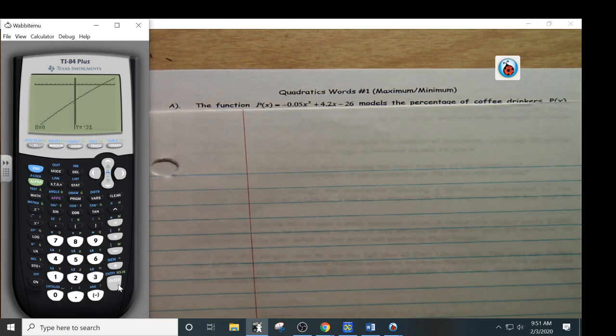Zoom 3, and you have to press enter. Now, guys, we're still not seeing the vertex we'd like to see. After you do zoom out enter, you do not have to do it again. All you got to do is press enter. So just press enter again. Now, there's the vertex. Okay.